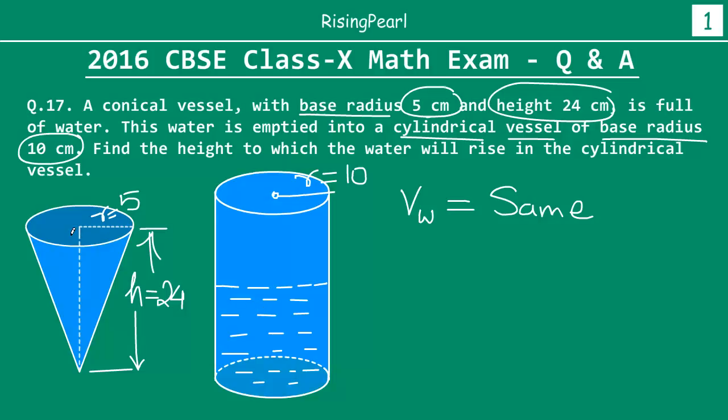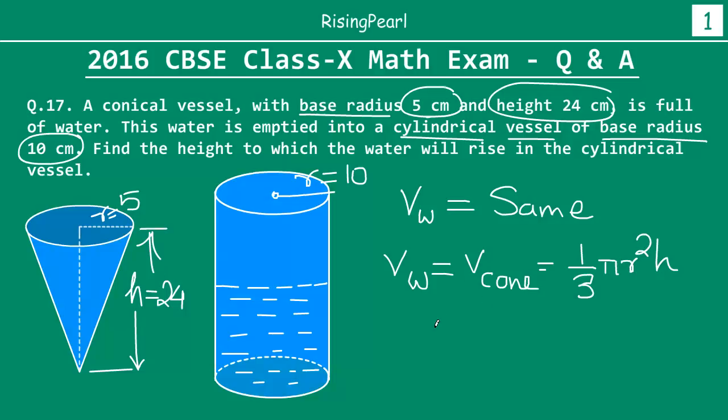If the cone is filled with water, then the volume of water in the cone will be equal to the volume of the cone. And we know the formula for the volume of a cone is 1/3 pi r squared h, where r is the base radius and h is the height, right?